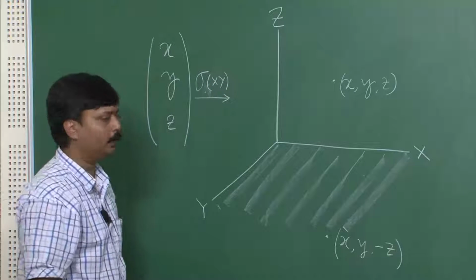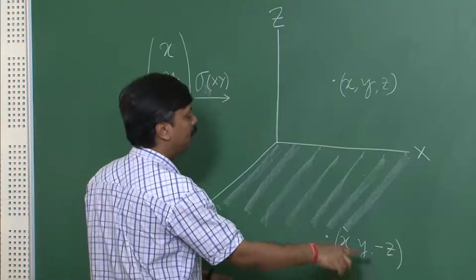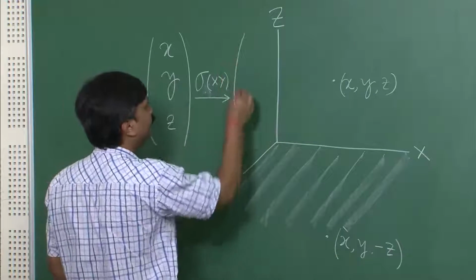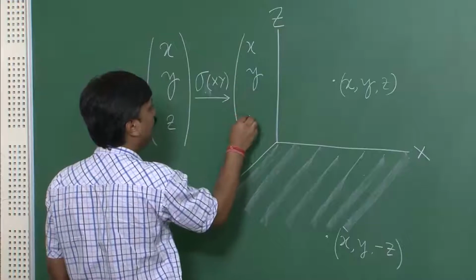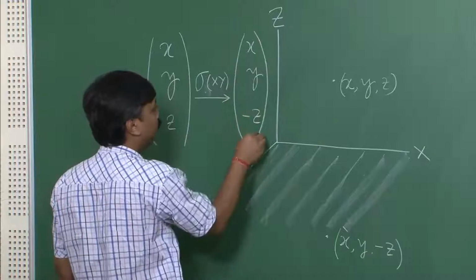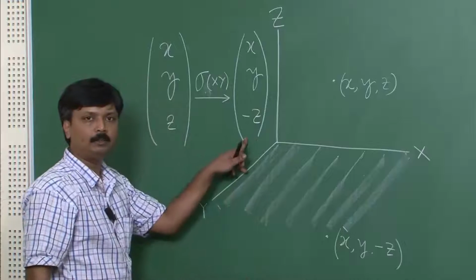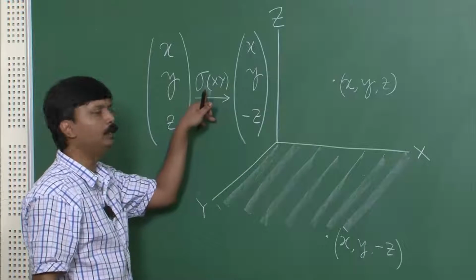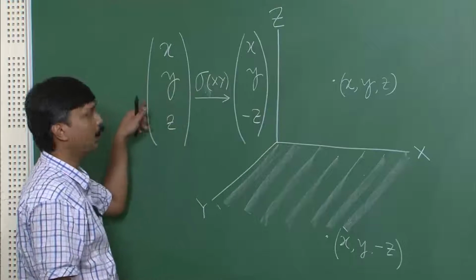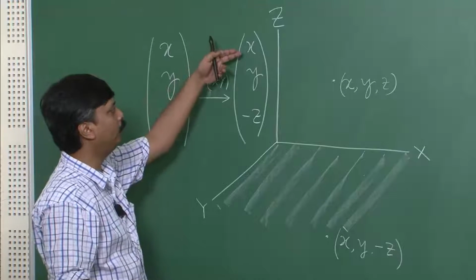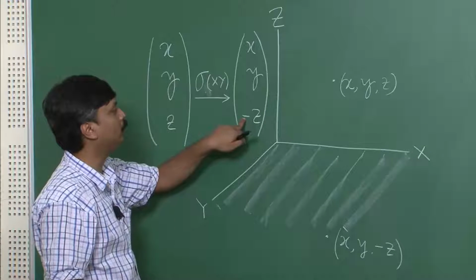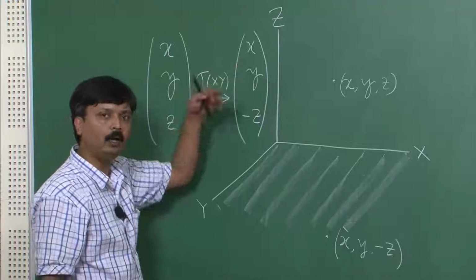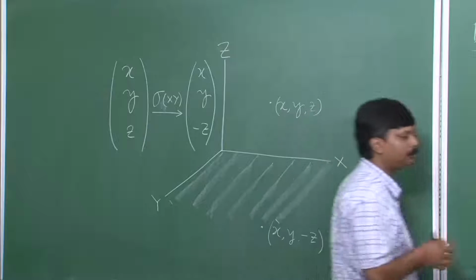If I operate on this one, what is happening? X and y remaining same and z is becoming negative. So, you have x, y and minus z. Okay. So, this is my final matrix after I operate sigma xy on this column vector. Okay. And it is only the sign which is changing for one of the elements of this column vector, the rest of them are remaining completely unchanged.